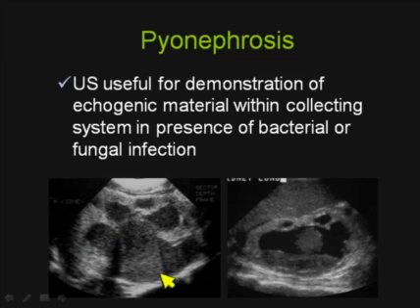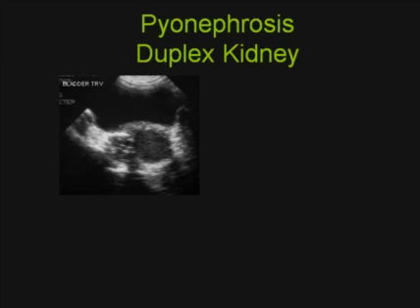In the presence of a large fungus ball in this kidney, hydronephrosis helped to outline the fungal infection, and here's a fluid debris level within the dilated collecting system. Very increased echogenicity and no corticomedullary differentiation in this tiny baby with a ureteropelvic junction obstruction. Pyonephrosis in a duplex kidney.